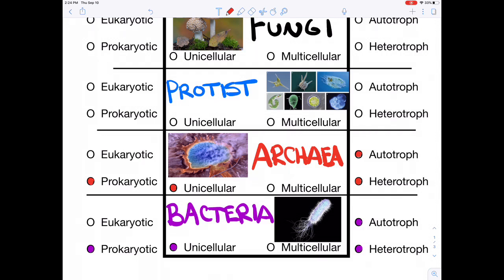Bacteria is also known as eubacteria, and archaea is known as archaeobacteria. The different ways that they are classified depends on their environment. For example, regular eubacteria are made a certain way and they live on certain surfaces and in certain areas. Just like archaea, they live in certain areas and on certain surfaces.